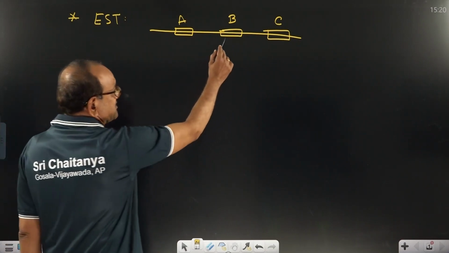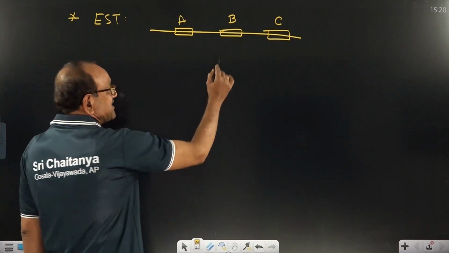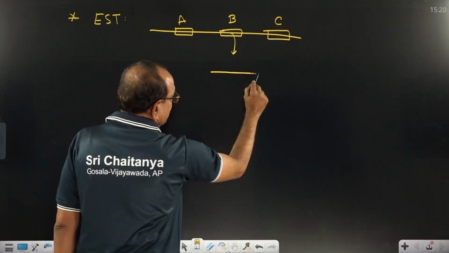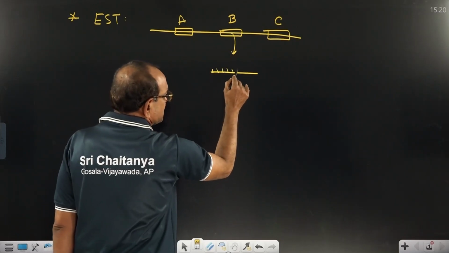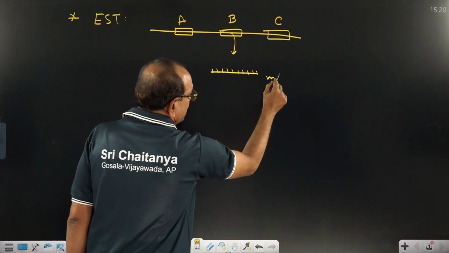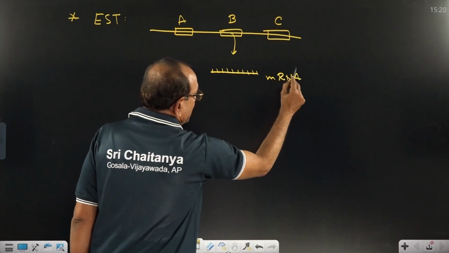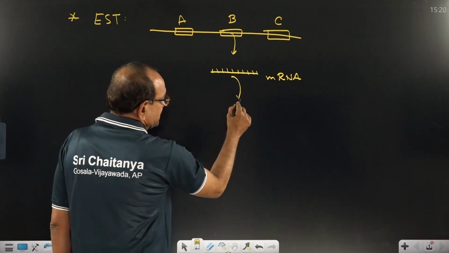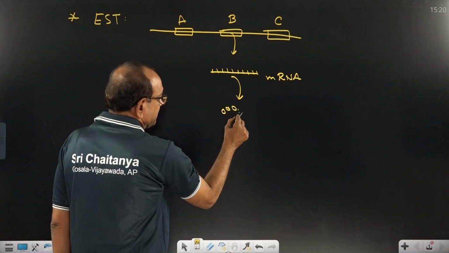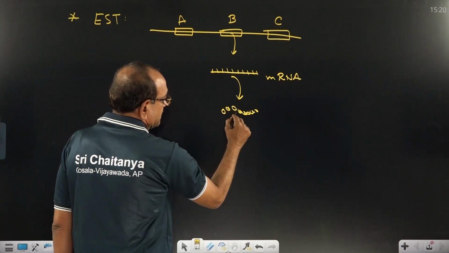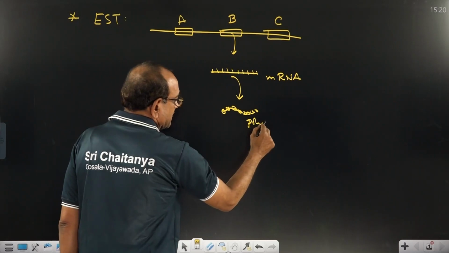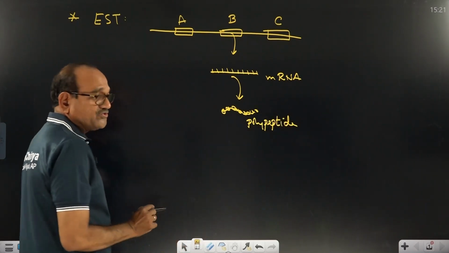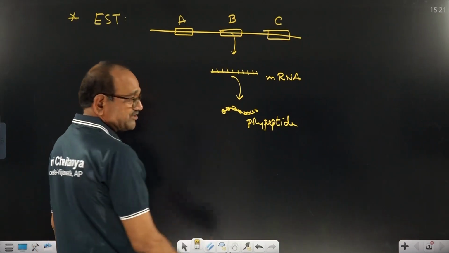For example, take this gene B. For its expression, first off, it has to undergo transcription. As a result of this, one mRNA molecule is formed. This mRNA molecule later on undergoes translation, forming a polypeptide chain. This is the product. So there are two steps: transcription, translation.